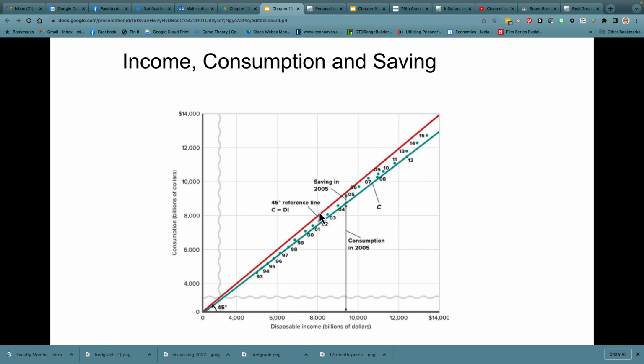But notice that as income gets higher, the distance between these dots of actual consumption data and the red line tends to get larger. So what we're going to find is that as income goes up, we tend to be able to save more. And that should make sense if you think about it.